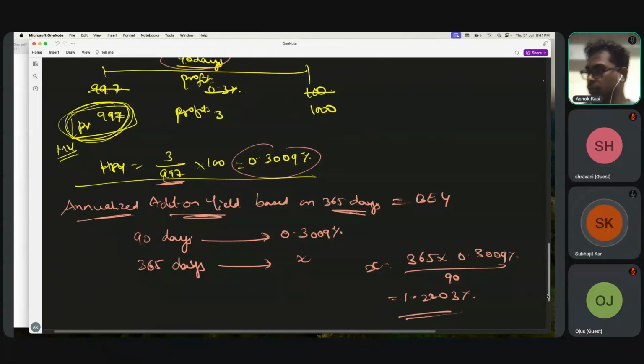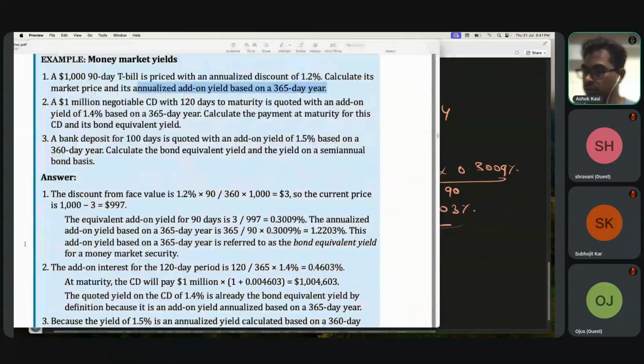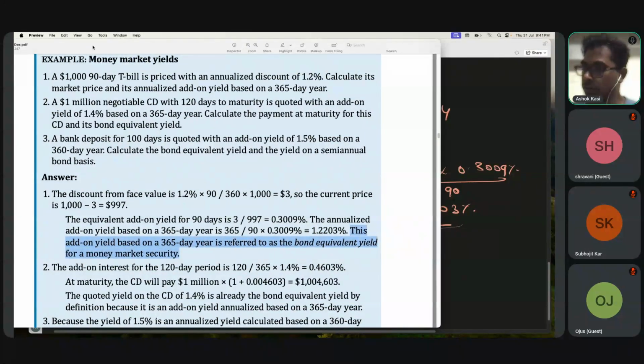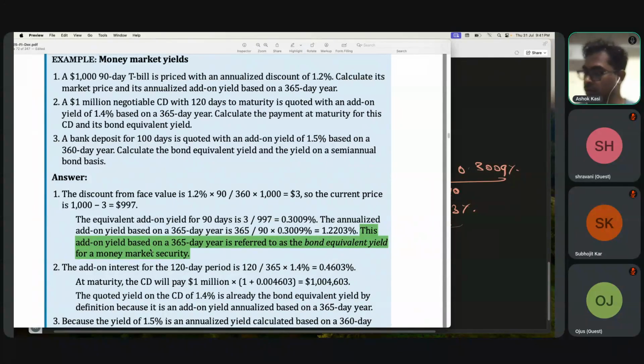Understood this one? You see the answer. See this one: the add-on yield based on 365-day year is referred to as bond equivalent yield.